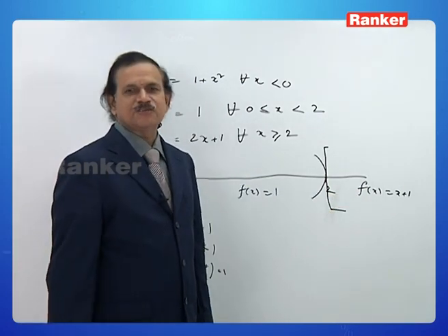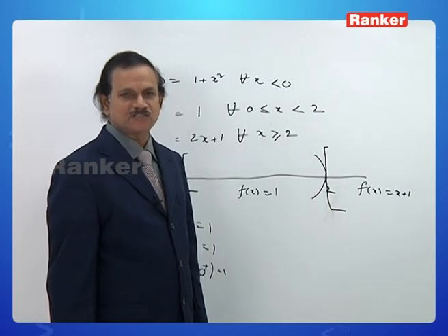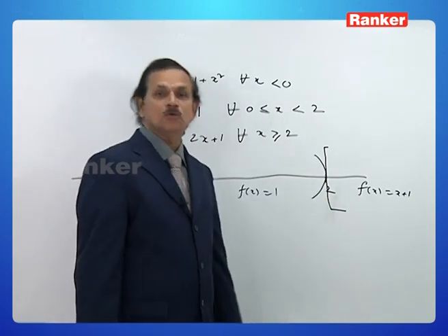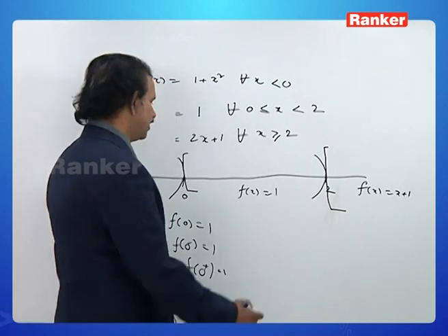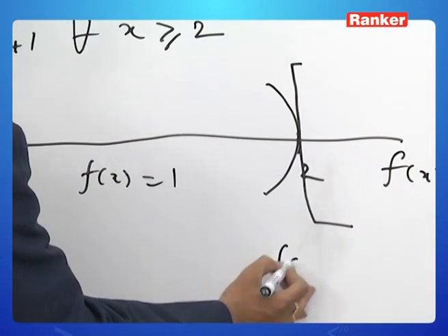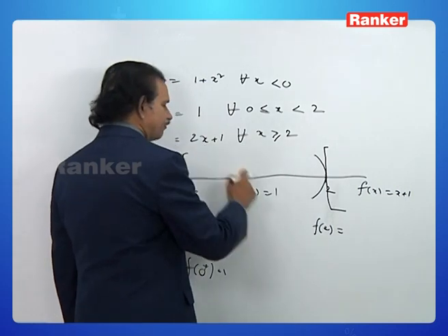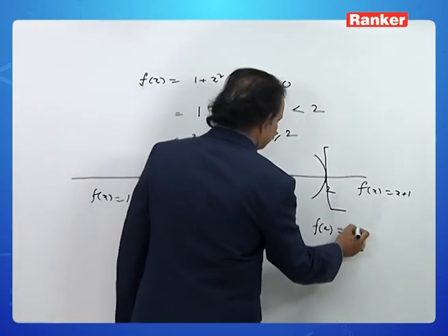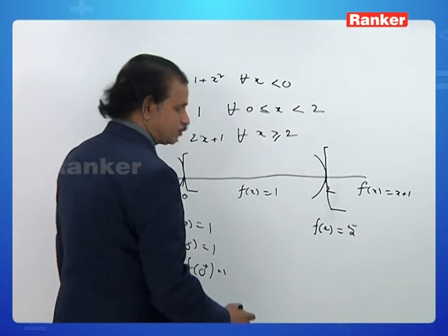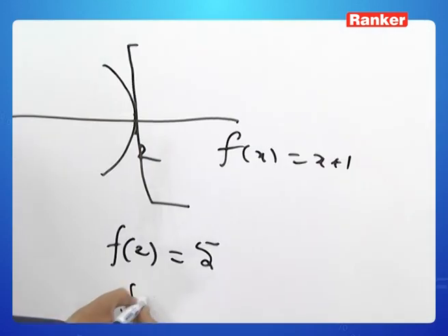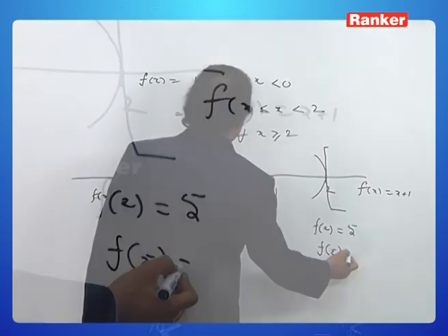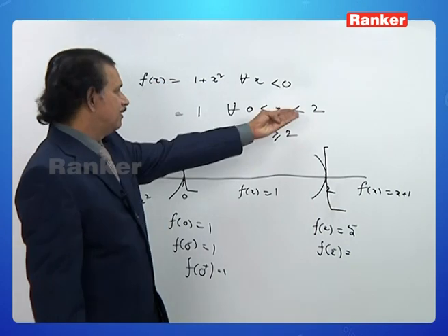Now it is our duty to check the continuity at x is equal to 2. Let us see. What is f of 2? 2 2s are 4, 4 plus 1, 5. What is f of 2 from left? 2 from left is this region.